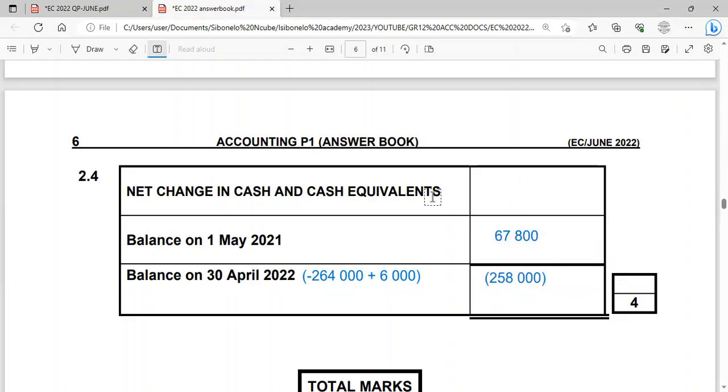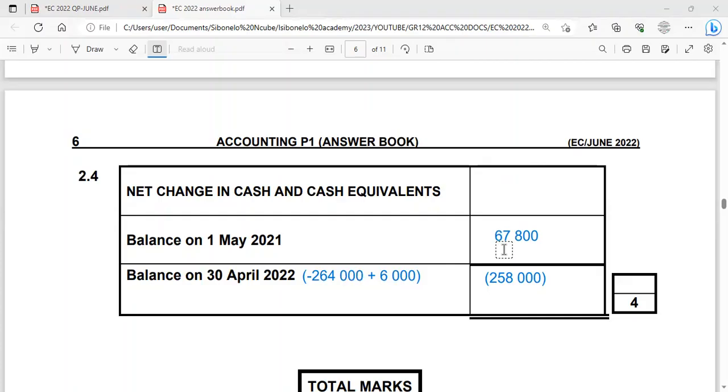And then now we want to get the balance, which is the net change in cash and cash equivalent. So how do we get that balance? So now pay attention. So we're gonna work backward. We are working backwards, guys. And when we work backward, we're gonna change the signs. So we've got negative 258,000. So since we are working backward, this one is positive.